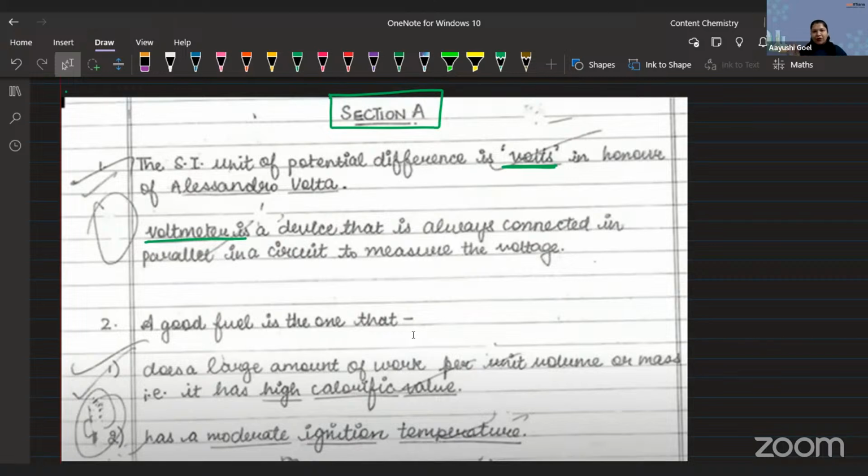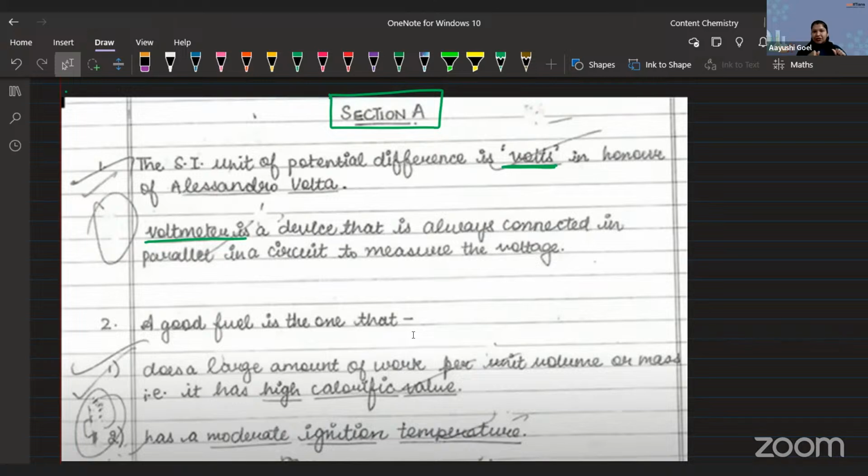If you don't, don't worry about it. Your answers should be readable, understandable, and presentable. That is the way you can score more in your paper. Got it?